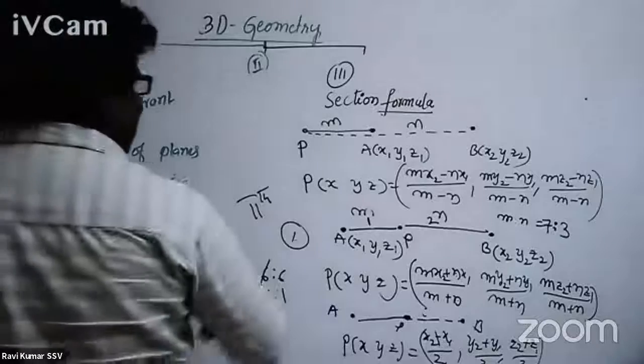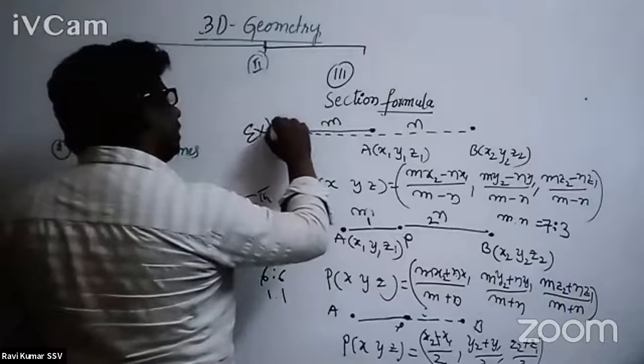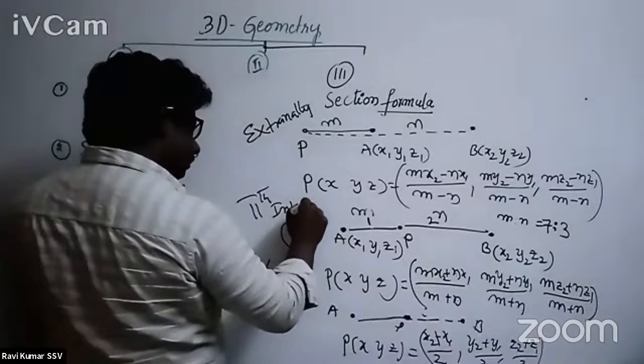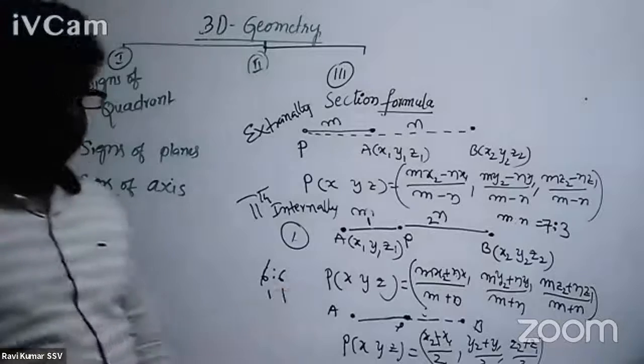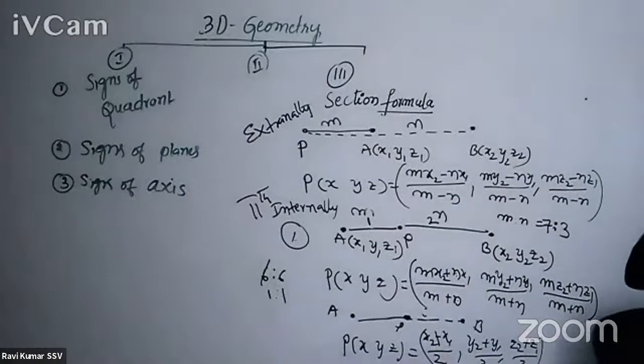You can write it. This is externally. P point divides the line externally. P point divides the line AB internally. Internally means the point lies in between these two. Okay, na? If we copy it, I'll start the problems.